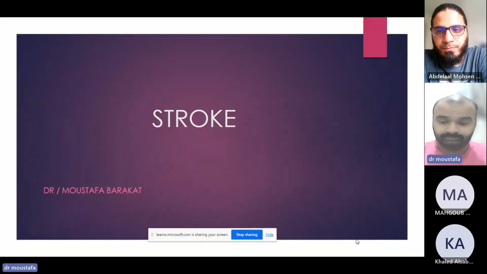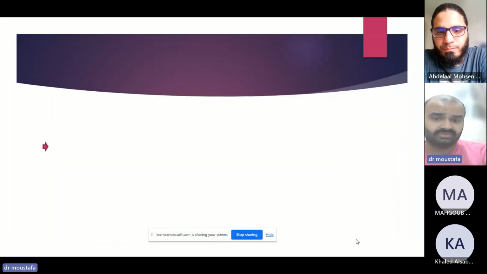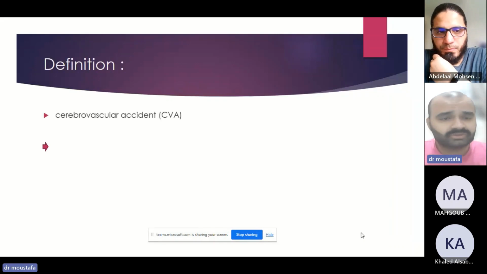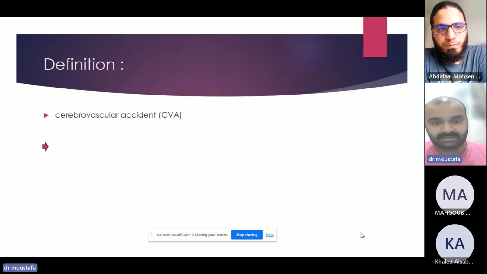So stroke. First of all, we'll talk about the subject from multiple aspects: the definitions, the symptoms, the diagnosis, and of course, the management. So let's begin with the definition. Another name for stroke is cerebrovascular accident.